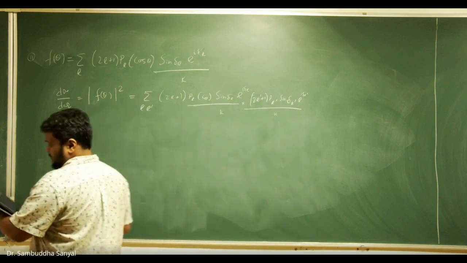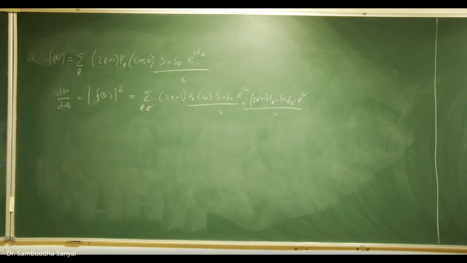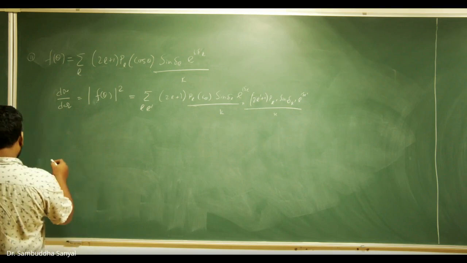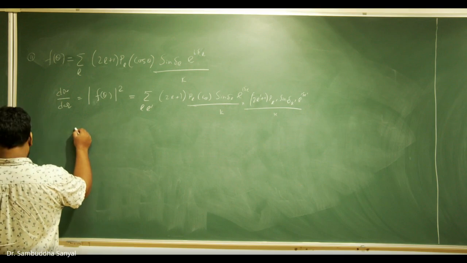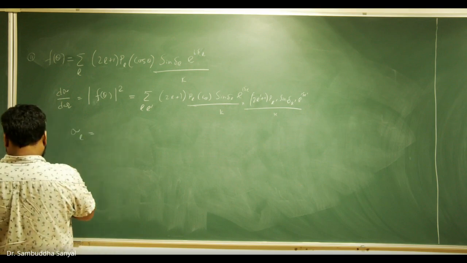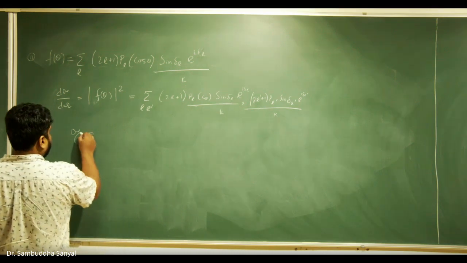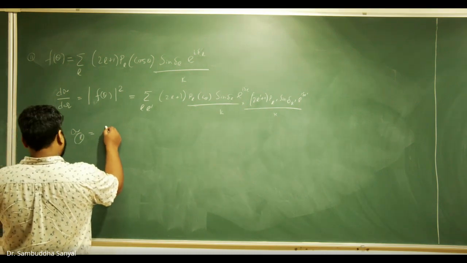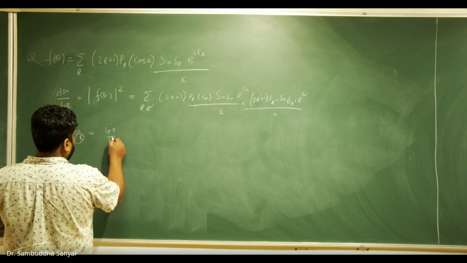So this should be summed over this, and the integral, which using orthogonality of this can be written as, for a given L channel, I am separating the L part now, 4 pi by k square.